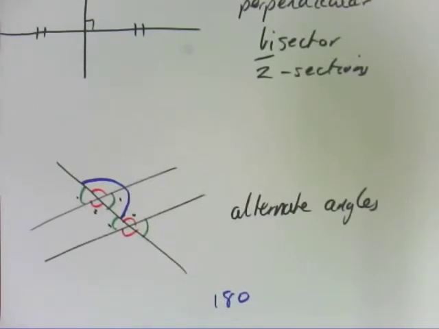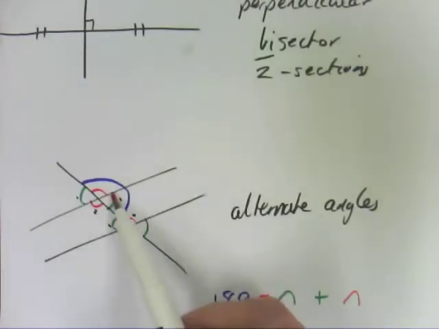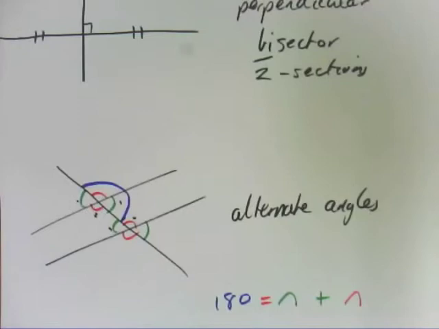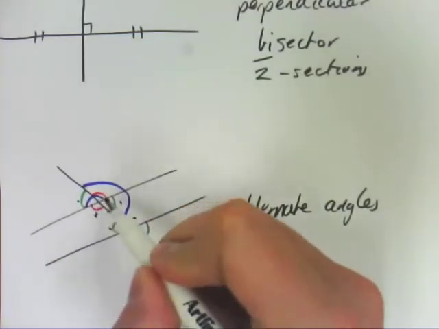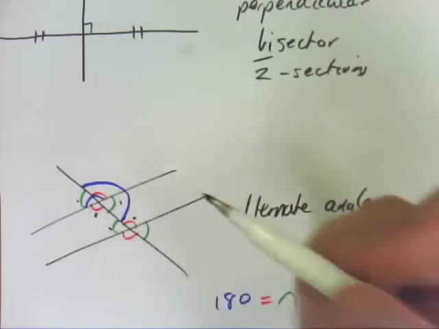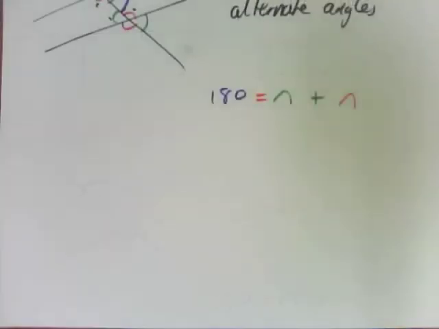So therefore, the green angle plus the red angle must equal 180, because the green angle there and the red angle there add together to 180. And it doesn't matter where you do that, you could do it out here. In here, that's a straight line, so that'll add to 180. So it doesn't matter where you do it, they will add to 180.